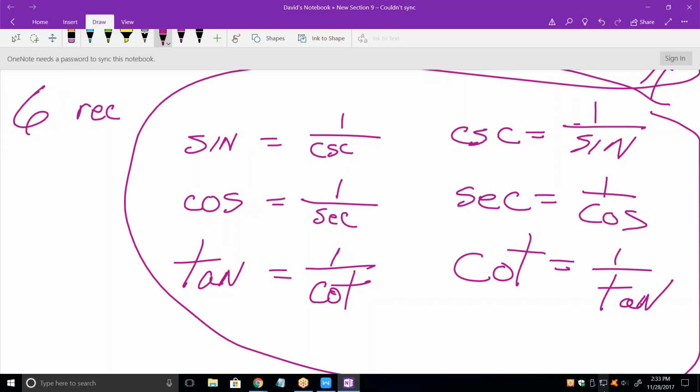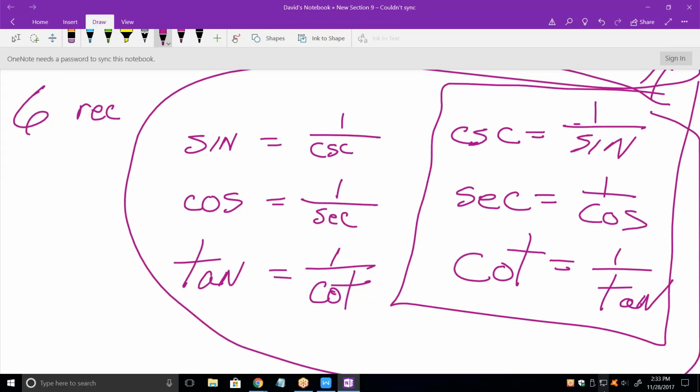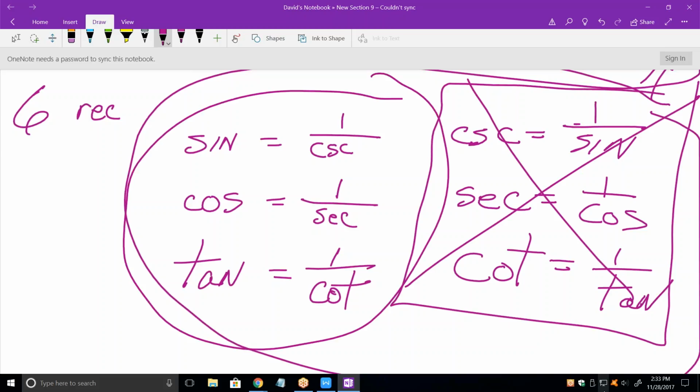Now, you just saw that you don't have to memorize hardly anything. Certainly the next 3, you don't have to memorize a bit. You always know those as long as you know these 3. The only problem can be getting the cosecant and secant mixed up. As long as you remember that the first letter is different, you're never going to make that mistake. So memorizing these 6 reciprocals is really a piece of cake.